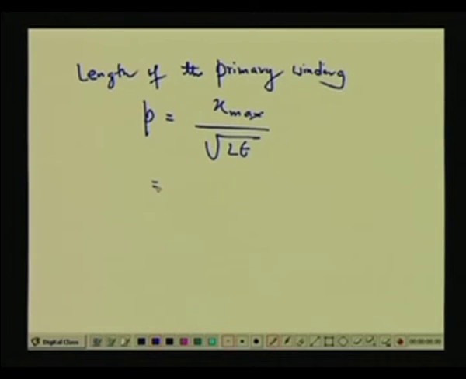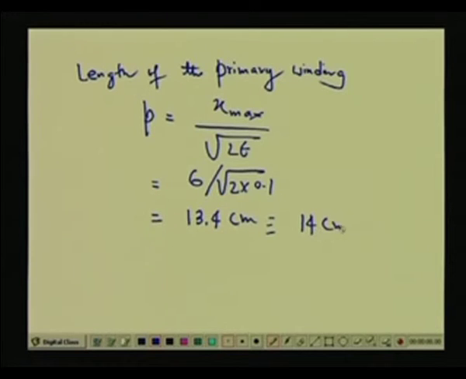So this will come up as 6 upon 2 into 0.1, where epsilon is the nonlinearity, which we are saying is 10%. Since 6 is the maximum displacement of your LVDT core, it is coming up as 13.4 centimeter. So let us take it as 14 centimeter.